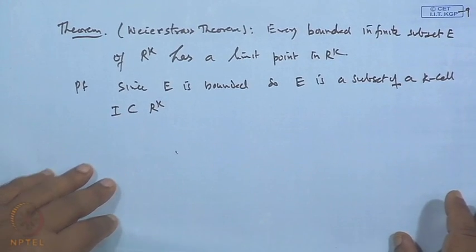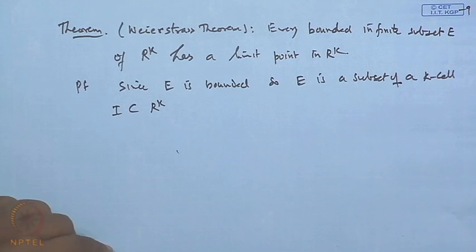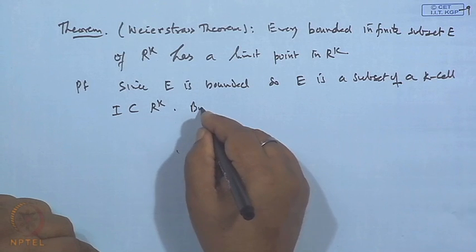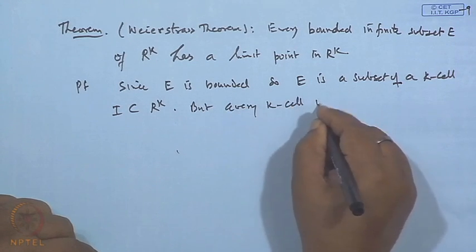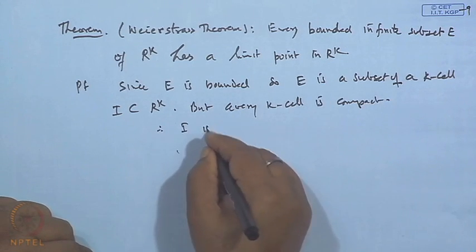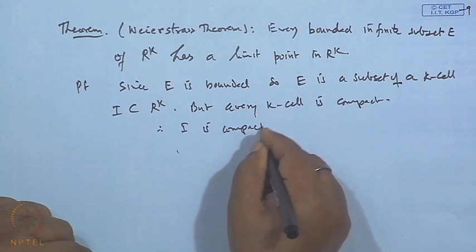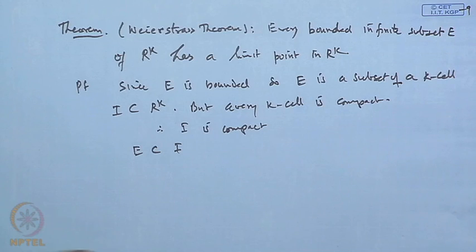But the earlier theorem says that every k cell is compact. Therefore, I is compact. So, E is contained in I, which is a compact set.